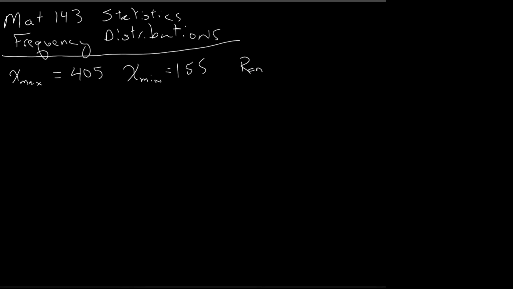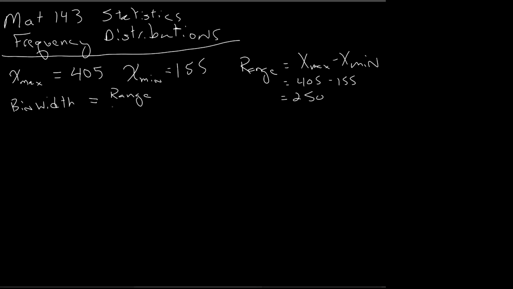So my range, which is the max minus the min, is 405 minus 155, or 250, and my bin width, which is going to be my range divided by the number of bins. Sorry, number of classes. I'll use the language of your book. Told you I'm guilty of that every now and then. And so 250 divided by 7.